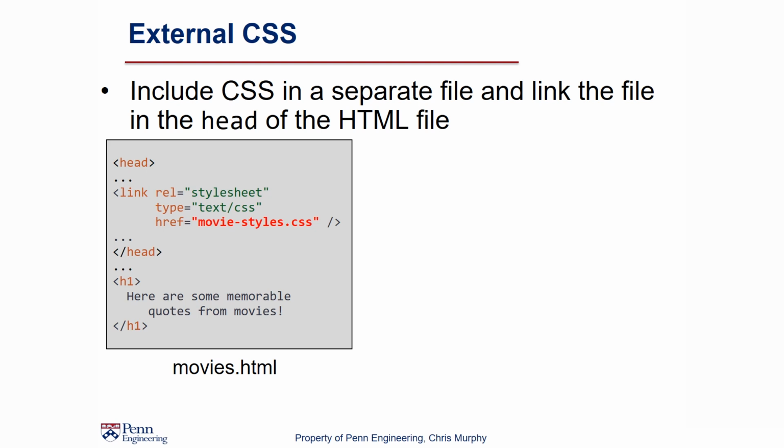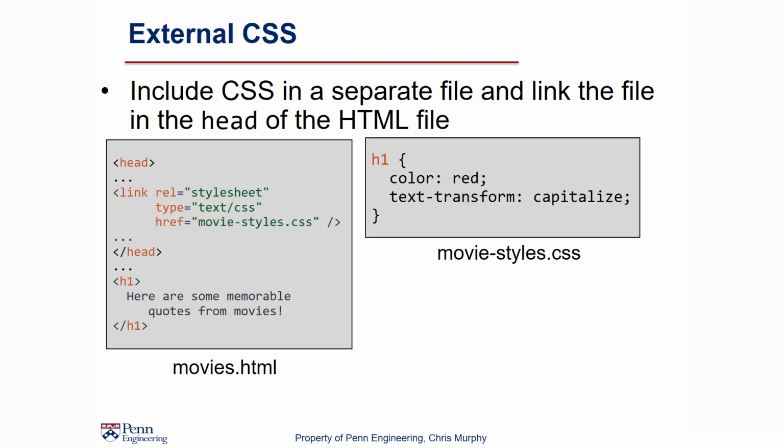In particular, it's saying, go get this file, moviestyles.css. What will happen in this case is that the browser, upon seeing this link element, will make another HTTP request for moviestyles.css. We'll get an HTTP response now containing the contents of that file, moviestyles.css, which we see over here as our CSS file, including the selector and the property value pairs.